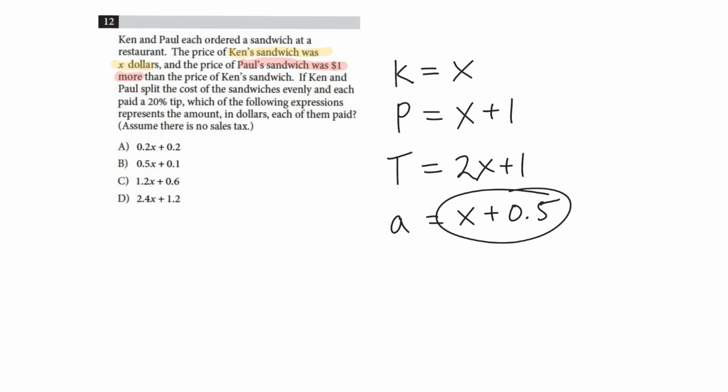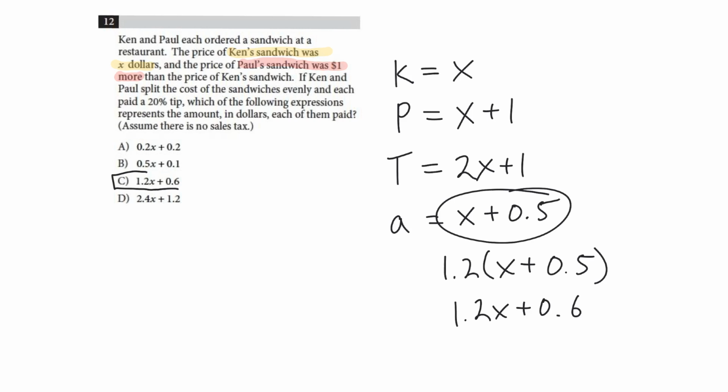They're paying 100% of their bill plus 20%. So I'm going to multiply this by 1.2. I'm going to get 1.2x plus, well, this is kind of like 12 times 5, which is 60. And then we see that we have 2 decimal places, so it's going to be 0.6. So our answer is C.